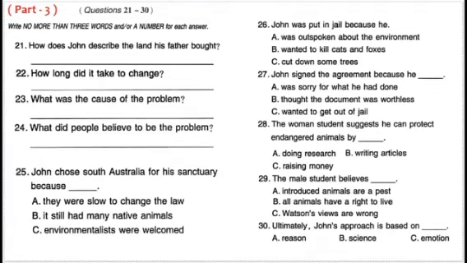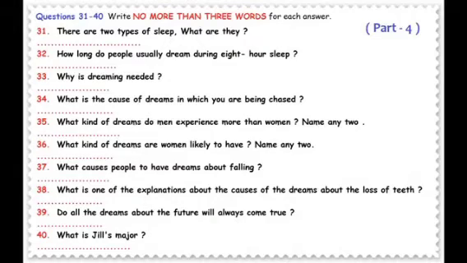You now have half a minute to check your answers. Now turn to part 4. Part 4. You will hear a conversation between Fred and Liz. They are talking about sleep and dreams. As you listen, answer the questions by writing no more than 3 words for each answer.